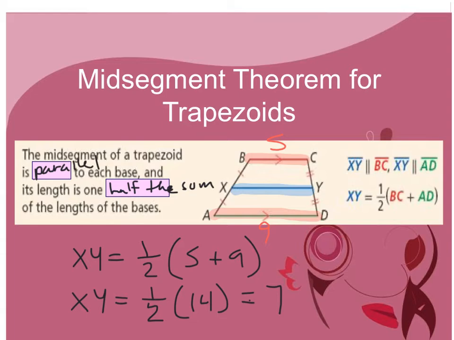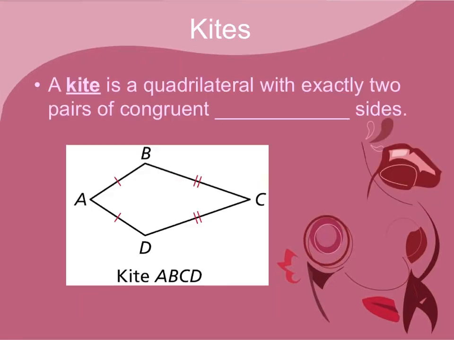Okay, so this was the midsegment theorem for trapezoids. Next, we're going to go to kites. So a kite is a quadrilateral with exactly 2 pairs of congruent consecutive sides. So we have sides AD and AB.